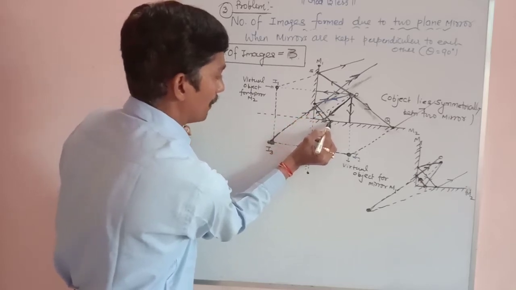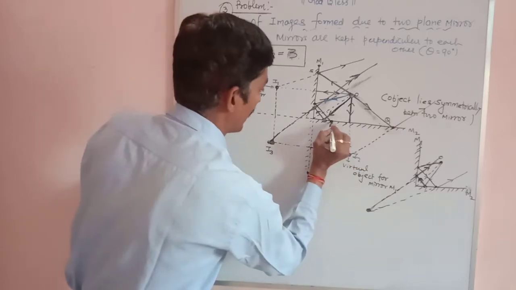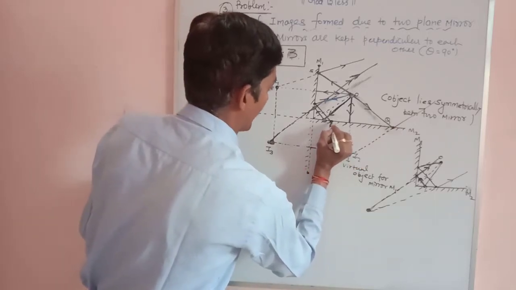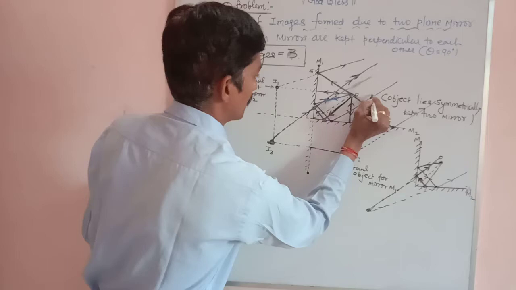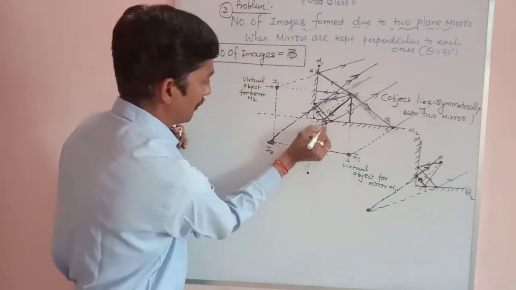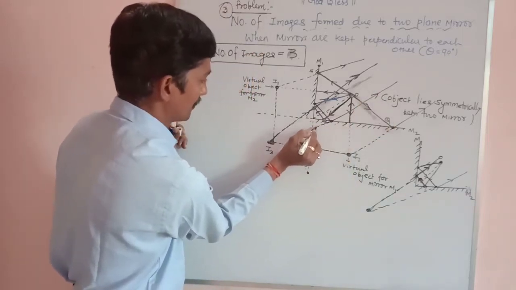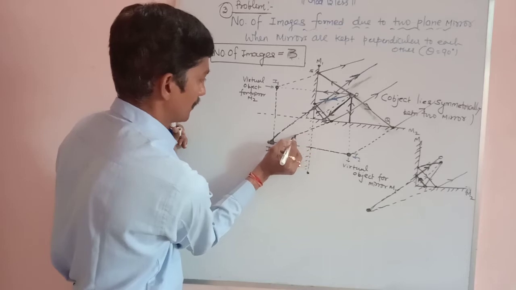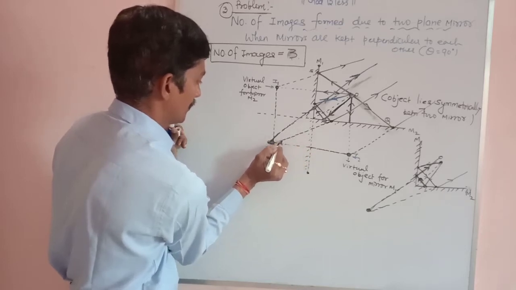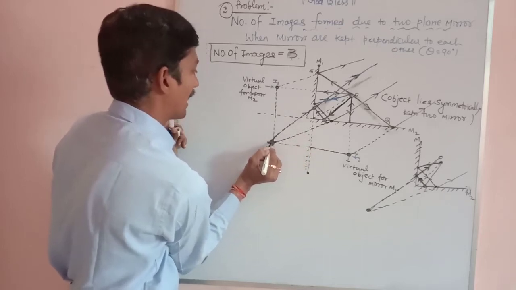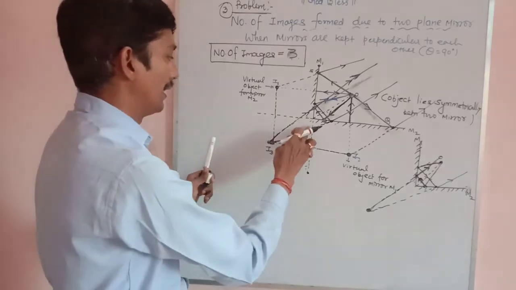It will fall on mirror M2, and from mirror M2 it will be reflected here, which is meeting further at the back and getting the image at I3.